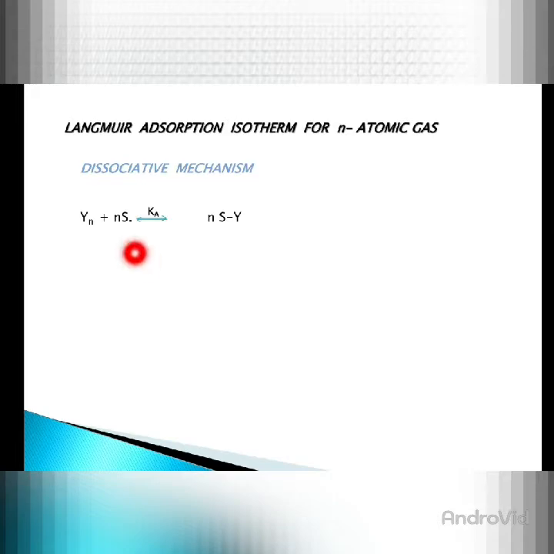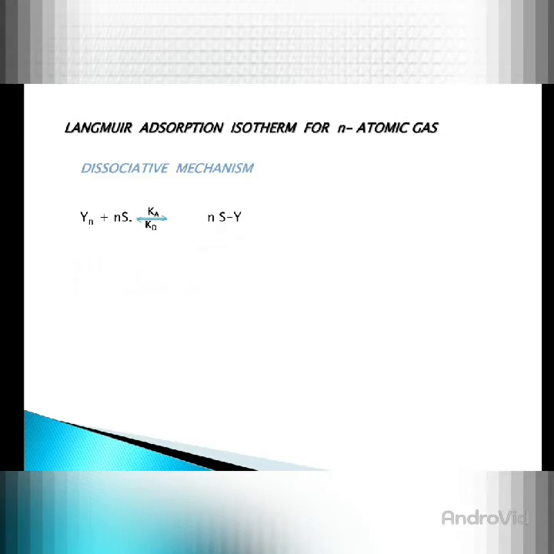Now Ka is the rate constant for the forward reaction, that is the rate constant for adsorption, and Kd is the rate constant for the backward reaction, that is the rate constant for desorption. The forward reaction is the adsorption reaction, and the backward reaction is the desorption reaction.